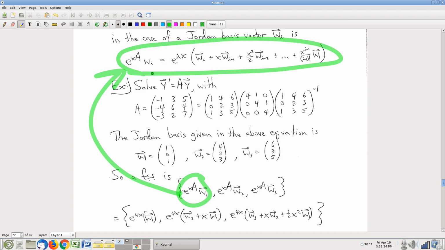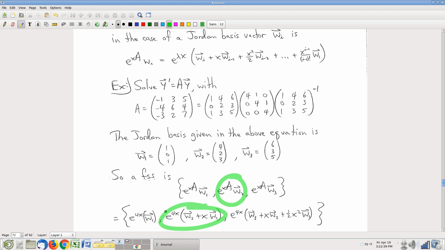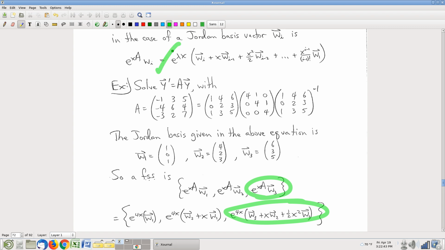We went through the details last time of how to use this formula to explicitly solve for these functions. So that basis vector goes to that one, and likewise this becomes that, and this becomes that, all straight out of this formula right here. Okay, so that's where we ended last time.